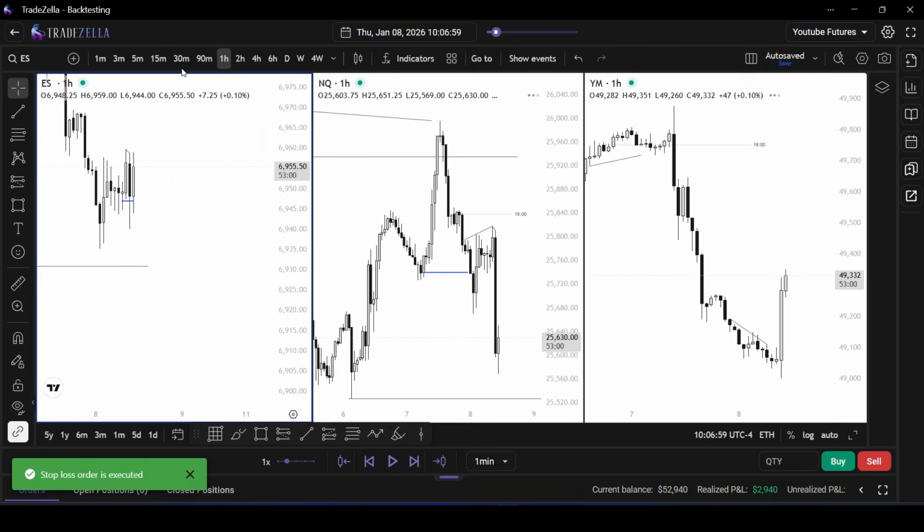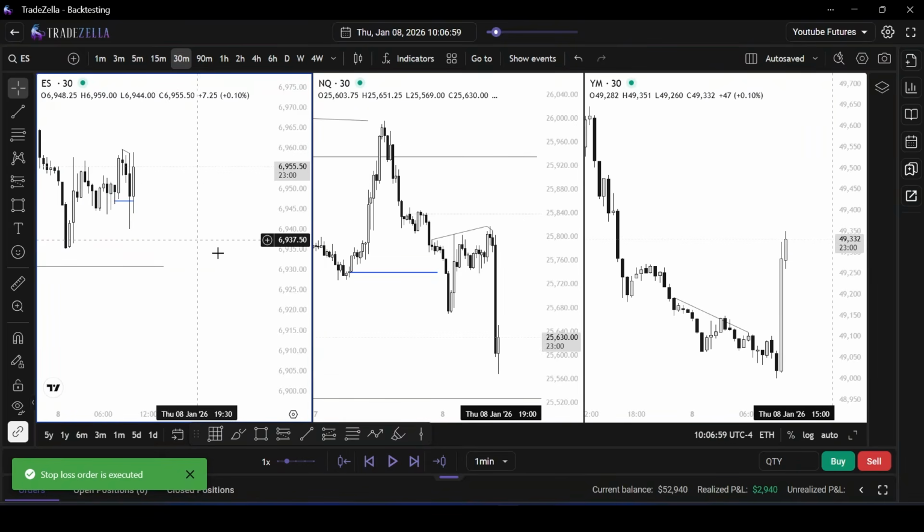So if we lose there, then I'm gonna see what the 1-hour time frame is gonna do, or potentially the 30-minute time frame.